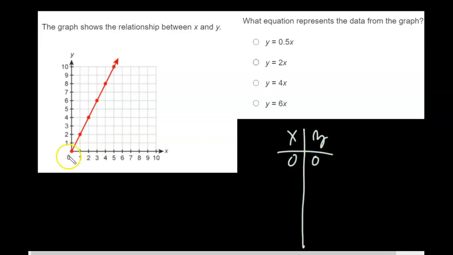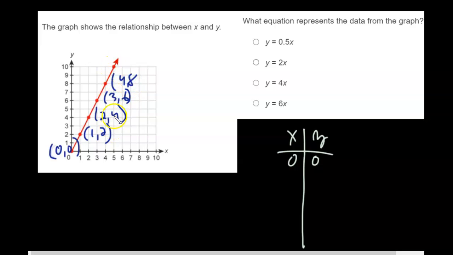0, 0. That's the first point. Right here we have 1, 2. Right here we have 2, 4. The next one is 3, 6. The next one is 4, 8, I think.